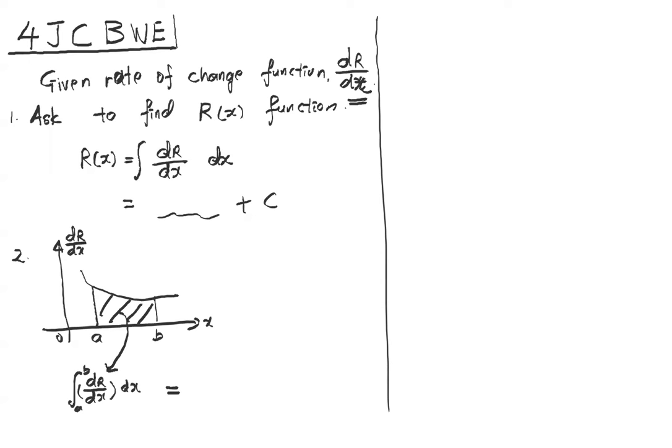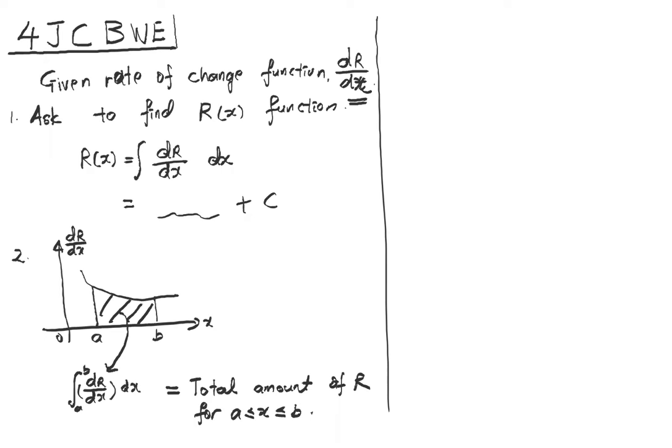Can you tell me? It is the total amount of R for x between A and B. That is the interpretation.